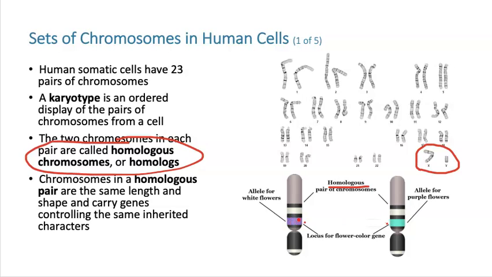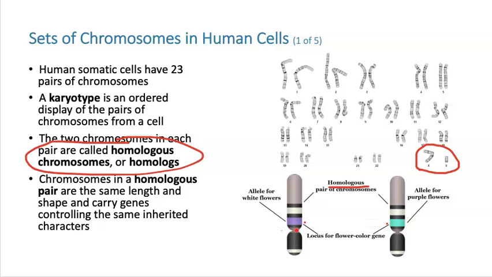So maybe this is an allele for white flowers, and this is an allele for purple flowers. Color coding is a little misleading here. Don't worry about it. Just know that we have different alleles or different versions, and that's what makes the homologous chromosomes different.